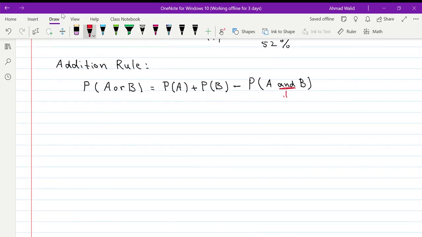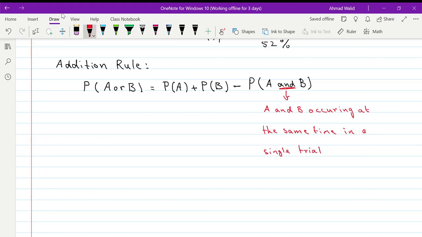And here means A and B occurring at the same time in a single trial.